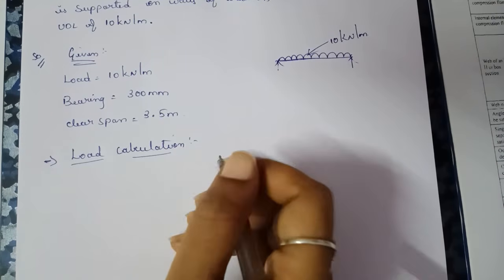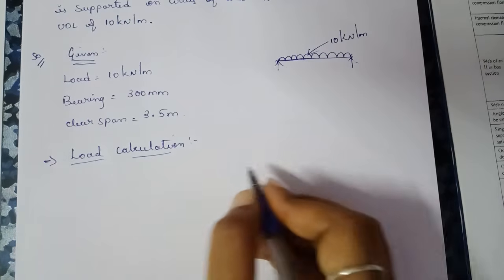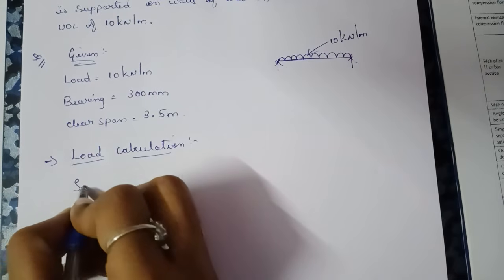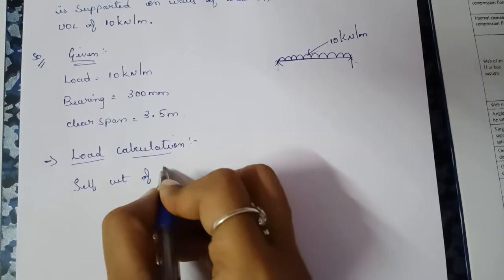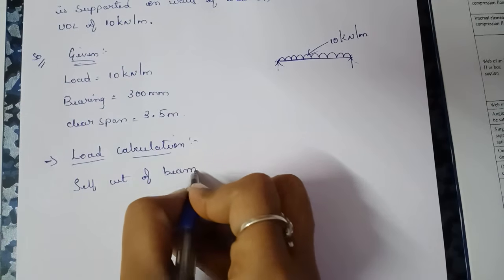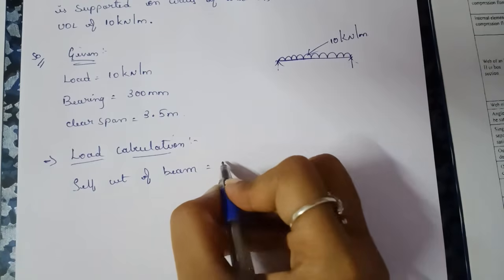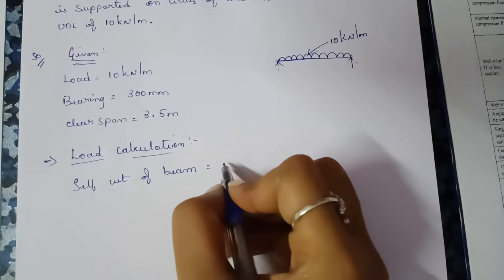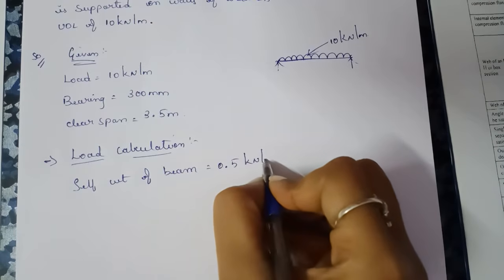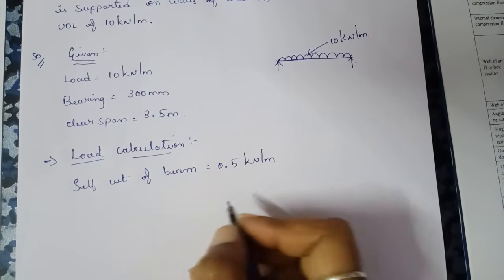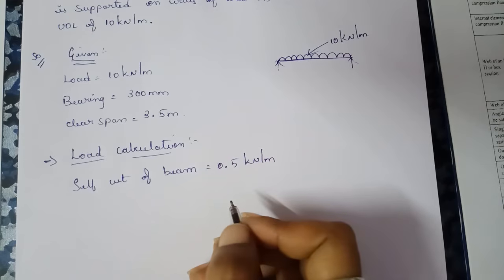If you assume the self weight of the beam as anything, like 0.1, 1 or 1.5, I will take 0.5 kilonewton per meter. You can also take 1 kilonewton per meter, it is an assumption.